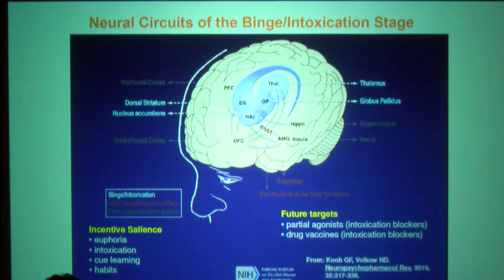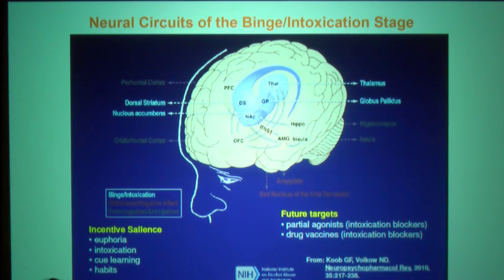The idea of incentive salience is it's reward pathways that are being wound up not so much because you are experiencing the liking of something, you're not having the pleasure, but it's the wanting. And so a lot of these reward systems are involved in that anticipatory reward or pleasure from seeing something that might be desirable.